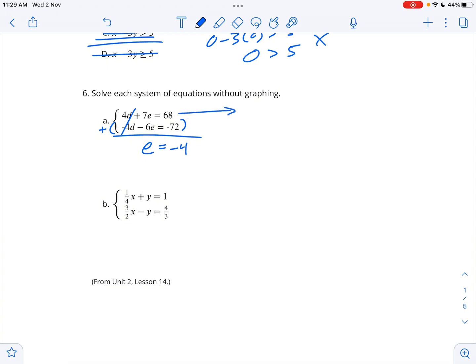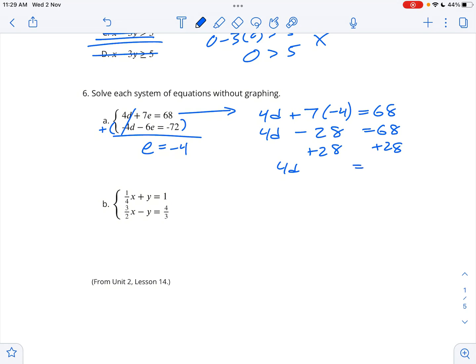And let's use the first equation to get what D should be. So 4D plus 7 times, using negative 4 instead of E now, is equal to 68. And let's go and do a little bit of algebra. Add. So I get 4D is equal to 96.